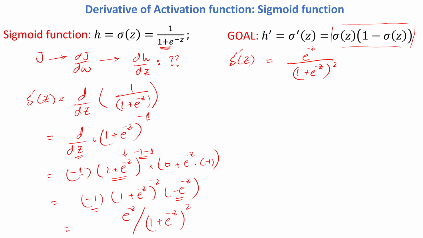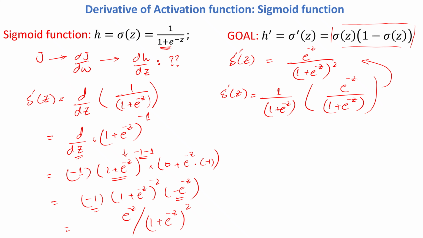So what I can do is write it as 1 divided by 1 plus e to the power minus z, and then multiplied by e to the power minus z over 1 plus e to the power minus z, right? If we multiply this, we will get back to this equation.